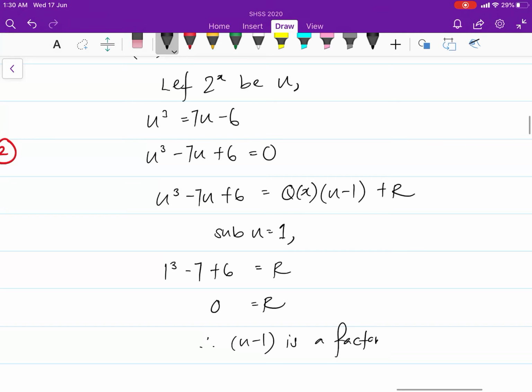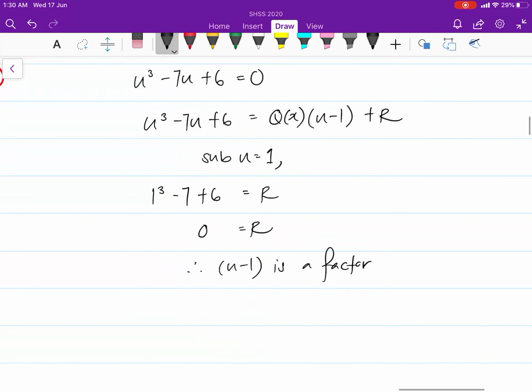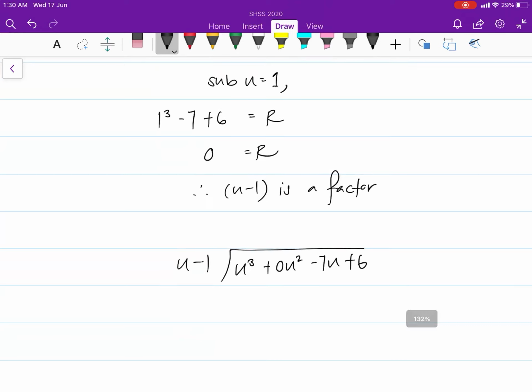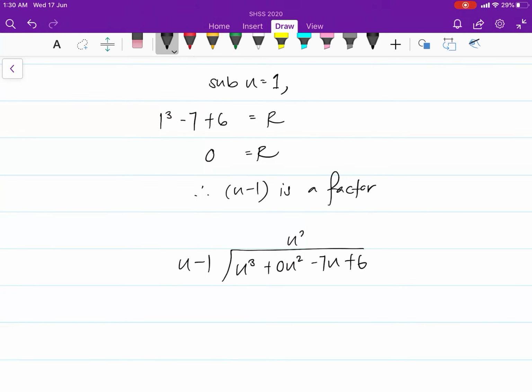Now after you found a factor, use long division. U cubed plus 0u squared minus 7u plus 6 divided by u minus 1. I need to cancel out u cubed, so it's u squared times u is u cubed minus u squared. I get u squared minus 7u.